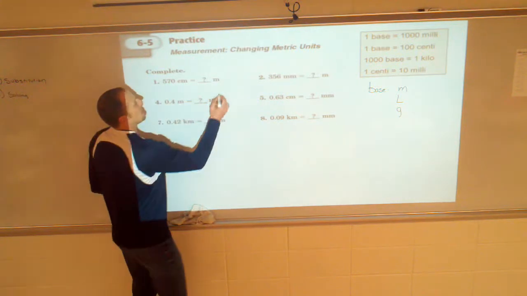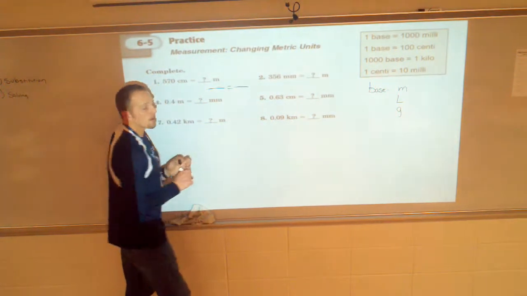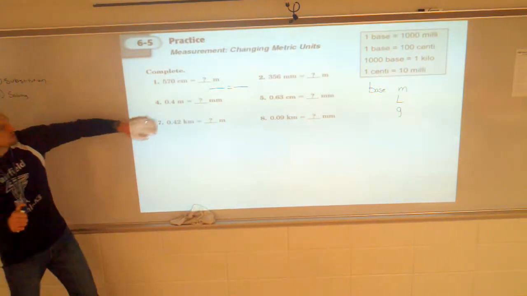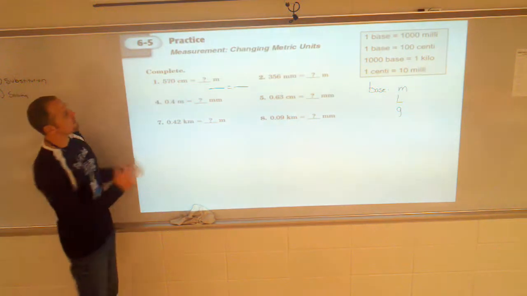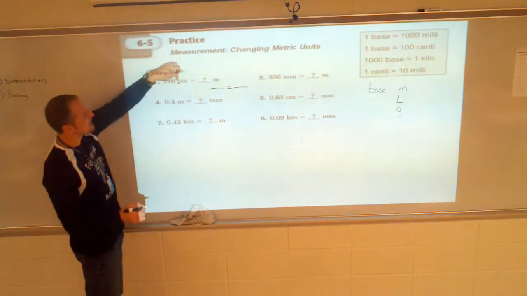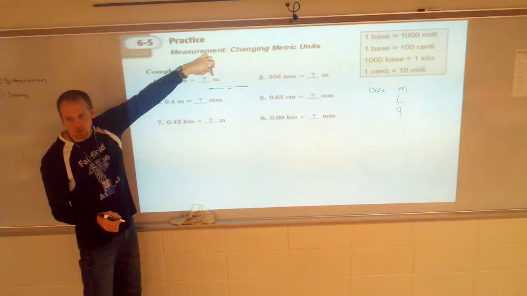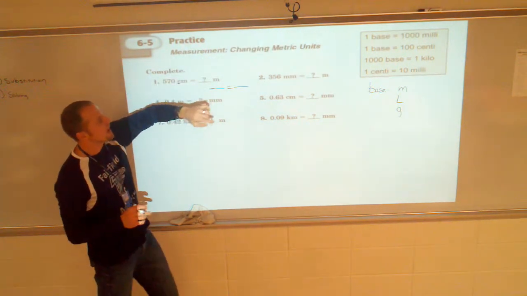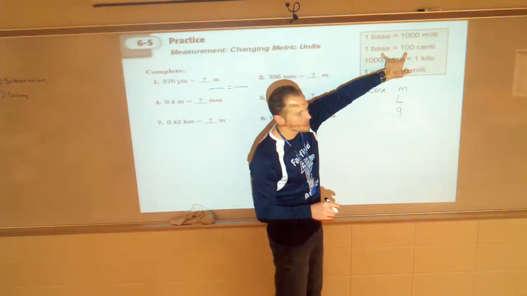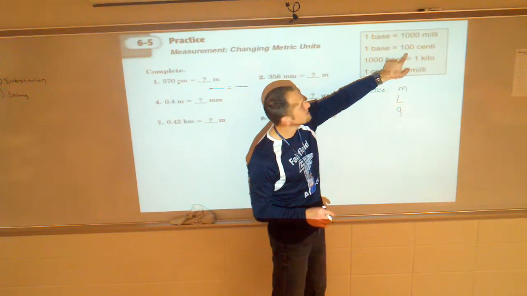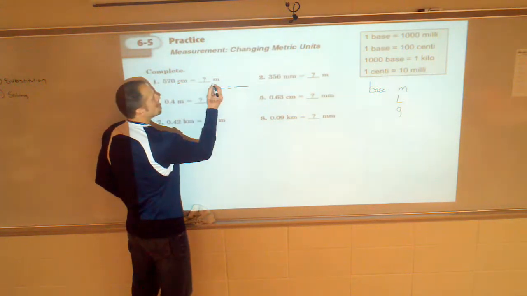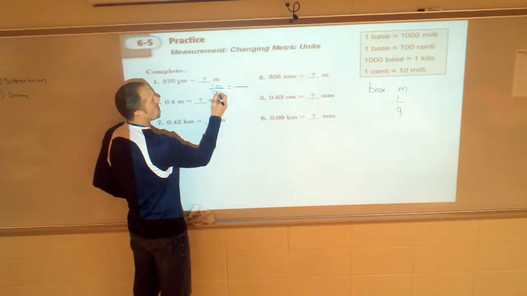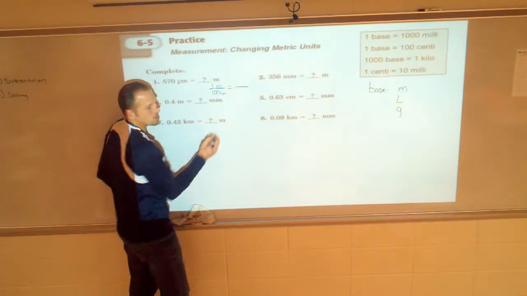So, let's do this conversion. The hard thing about this is going to be figuring out which conversion to use for this first ratio. I am converting between centi and my base unit, centimeters and meters. So I need base and centi right here. 1 base is equal to 100 centi, so 1 meter is equal to 100 centimeters.